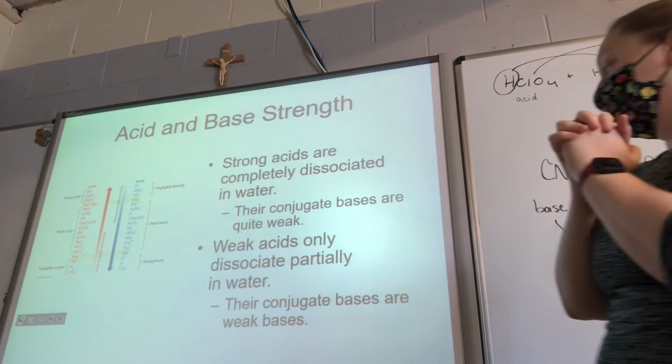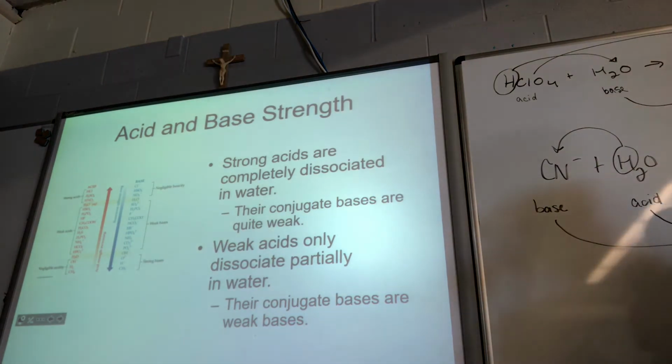Yes? It says that a weak acid's conjugate bases are weak bases. Yes, the same. Sir, do we need to know that generally for almost no charged acids have strong conjugate bases?